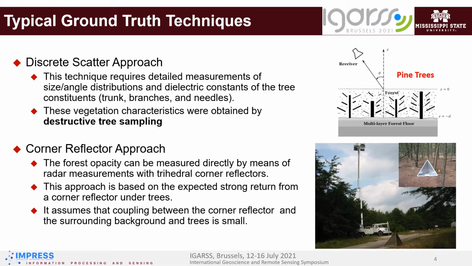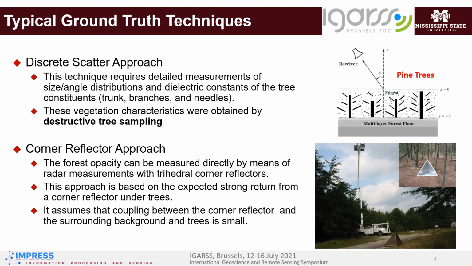Discrete scatterer approach requires detailed measurement of size or angle distribution and dielectric constant of the tree constituents. These vegetation characteristics are obtained by destructive tree sampling, while the corner reflector approach relies on the expected strong return from a corner reflector under trees by taking the difference between measurement in forested and open areas.